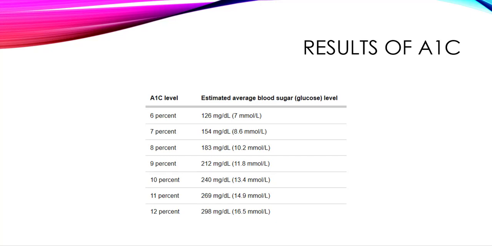And so what we're looking at here on the screen is how the results of A1C are received. And so we're going to take a look at what these numbers mean. So when we look at this chart and we see that a person, for example, has received a 6% score on the A1C level, that means that on average in the last 3 months, this person's blood sugar has been 126. That's on average for the last 3 months.